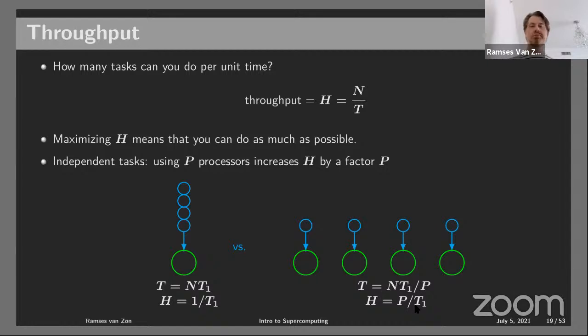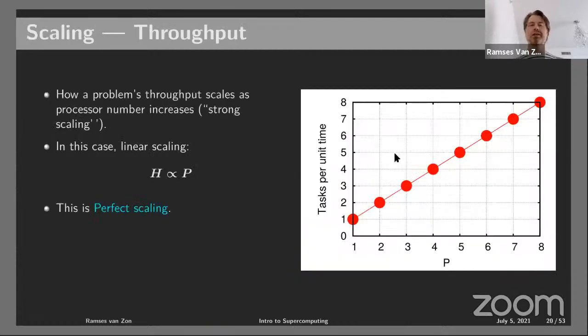So throw p times as many processors at a problem, and you get p times as much stuff done. That's also what you would intuitively think, before you think about data dependencies. If you have a 4-core machine, that should be twice as fast as a 2-core machine. But you do need this independence for that to work out.